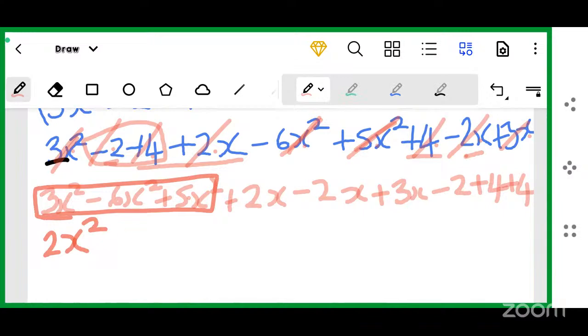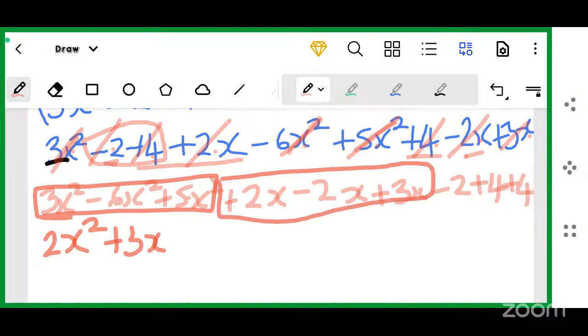Perfect. Which 3x is it? Positive or negative? Positive. Perfect. Don't forget positive 3x. So what is going to be the last one? These ones are gone. So what's going to be the last?